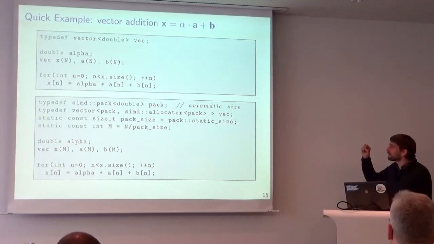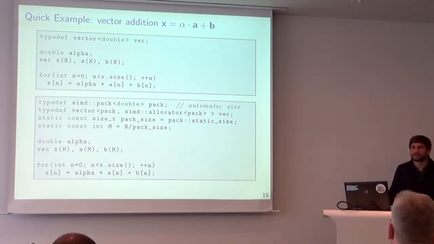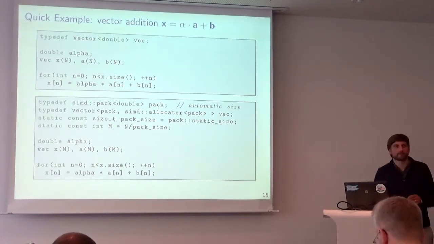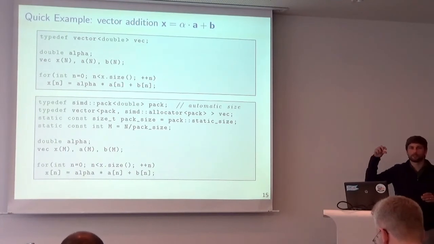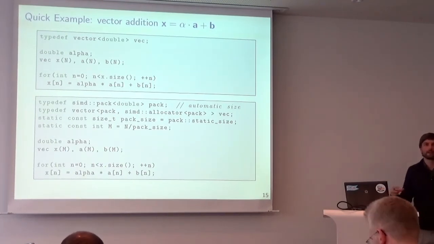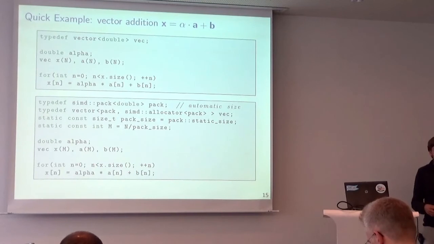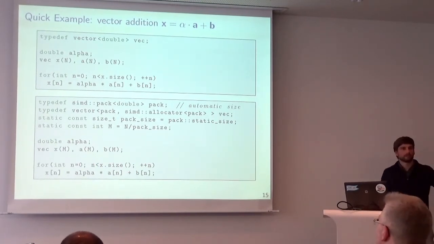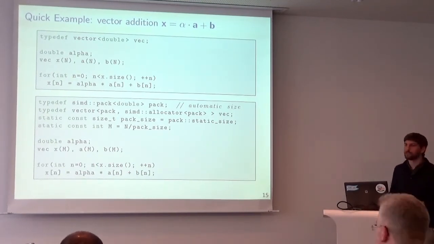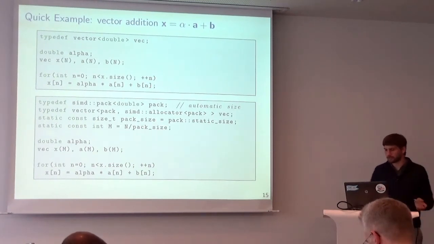SIMD is single instruction for multiple data, and this is the algorithmic representation of this idea, because I can only do the same operation on the whole pack as such. I cannot do a multiplication for the first entry and an addition for the second one. Then I cannot use SIMD instructions if I want to do that.